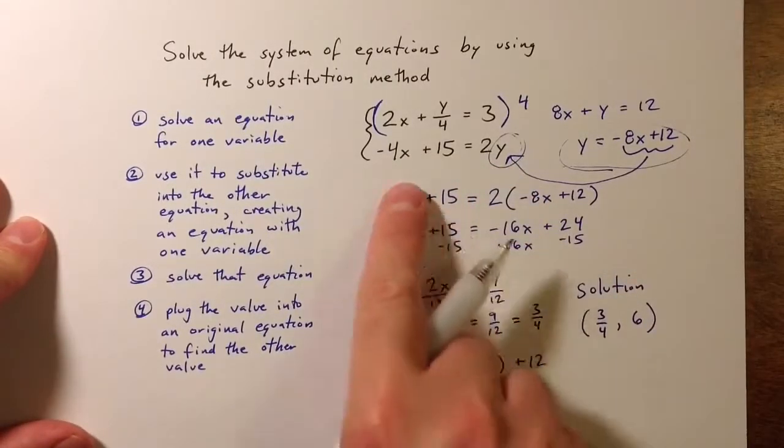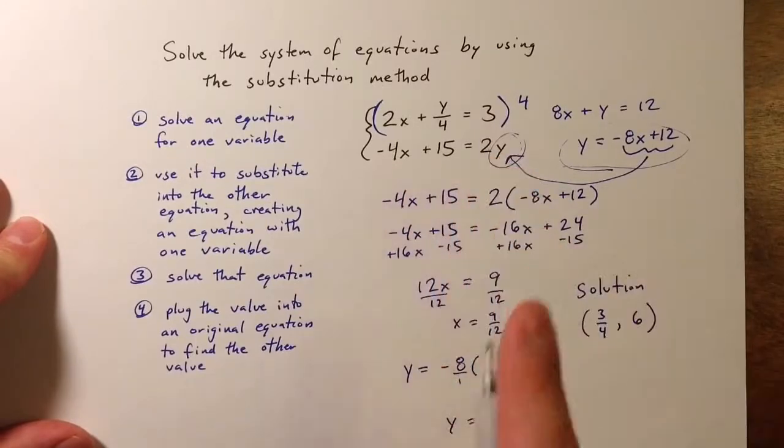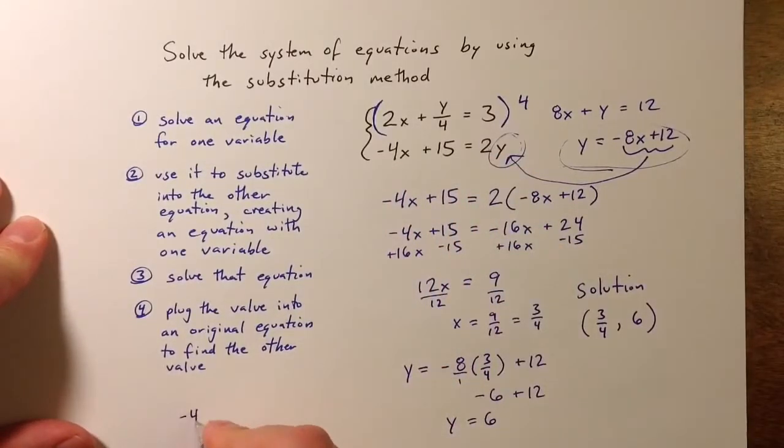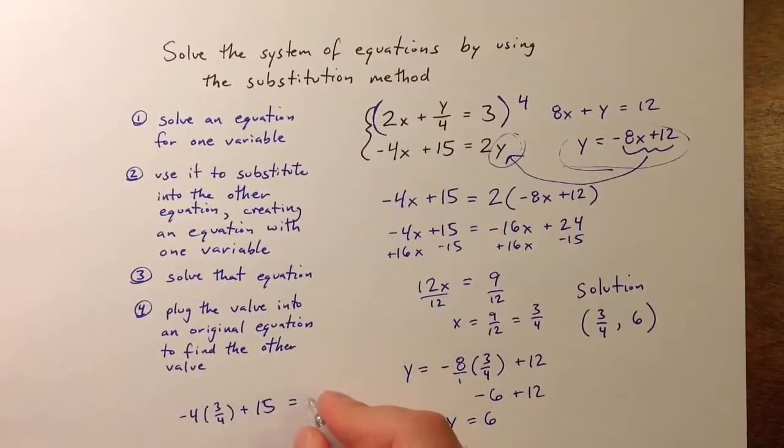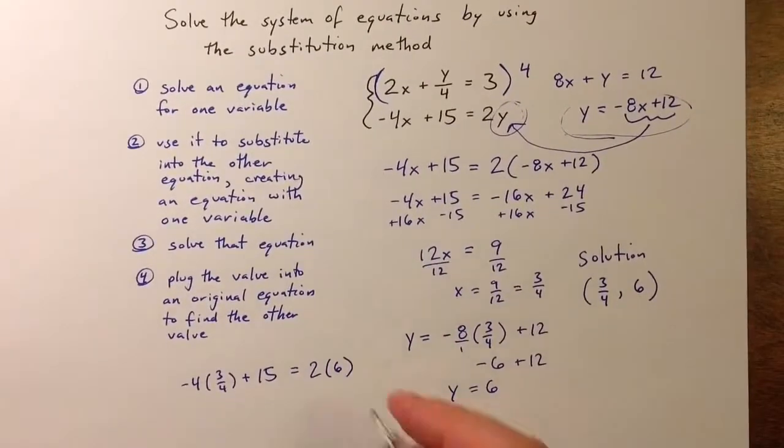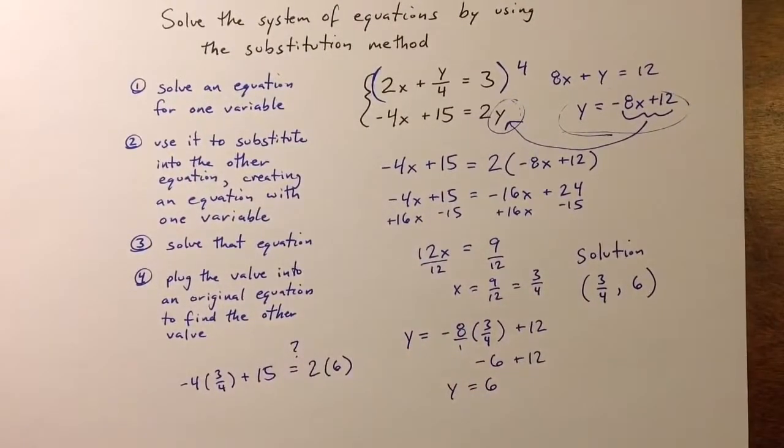So if I plug 3/4 into this bottom equation, I get negative 4 times 3/4 plus 15 on the left-hand side. On the other side, we get 2 times 6. And so let's check to see if those two values are equal.